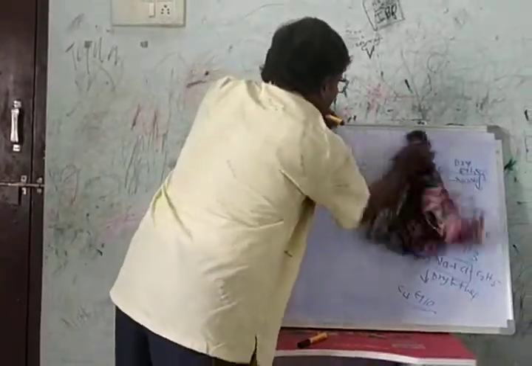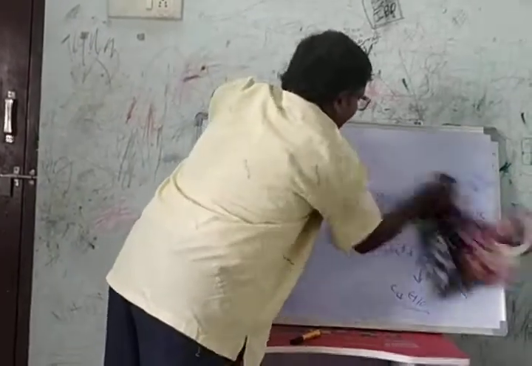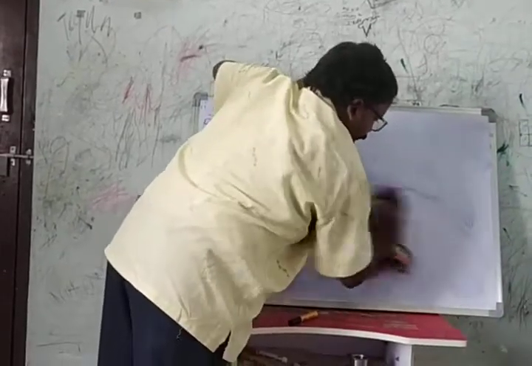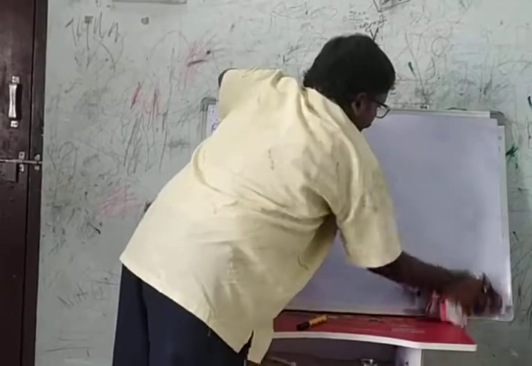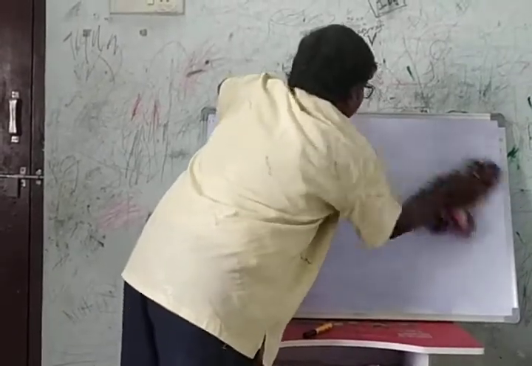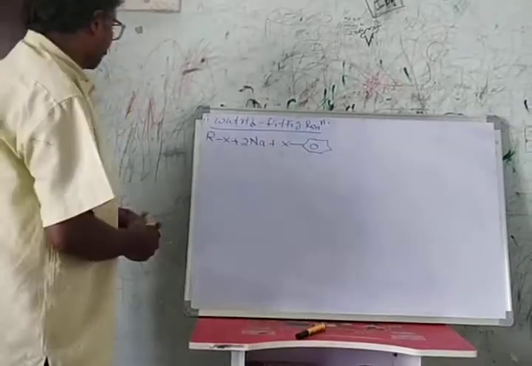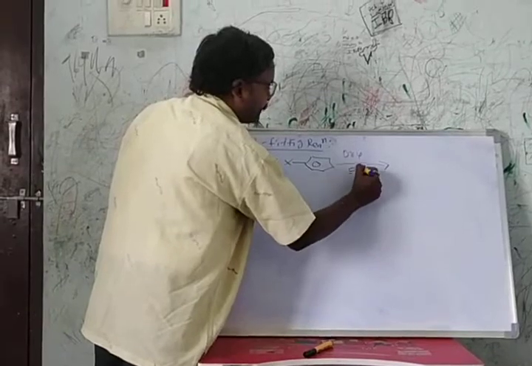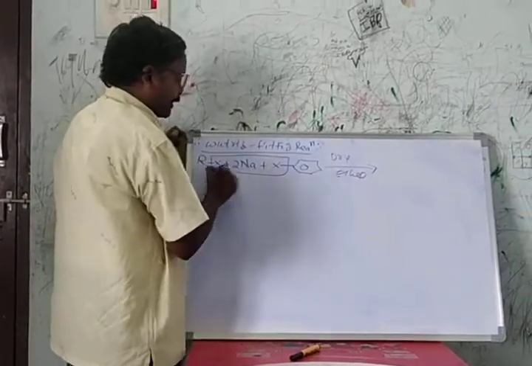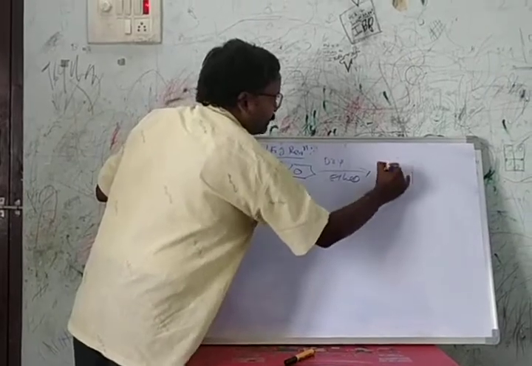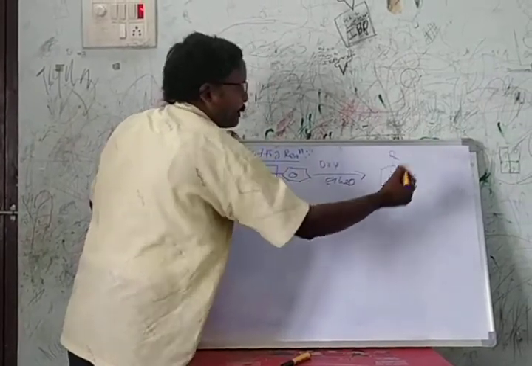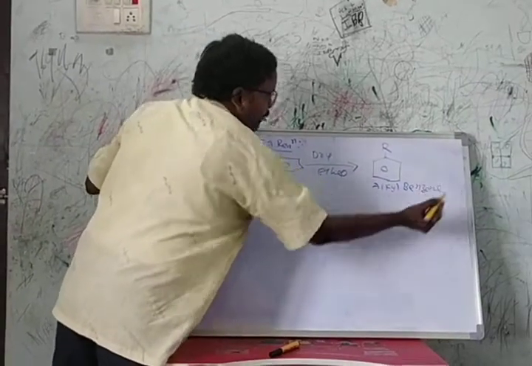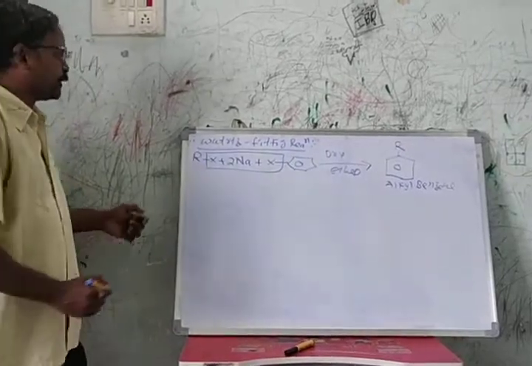Same reaction: it loses sodium chloride in the presence of dry ether and forms alkyl benzene. This is called the Wurtz-Fittig reaction.